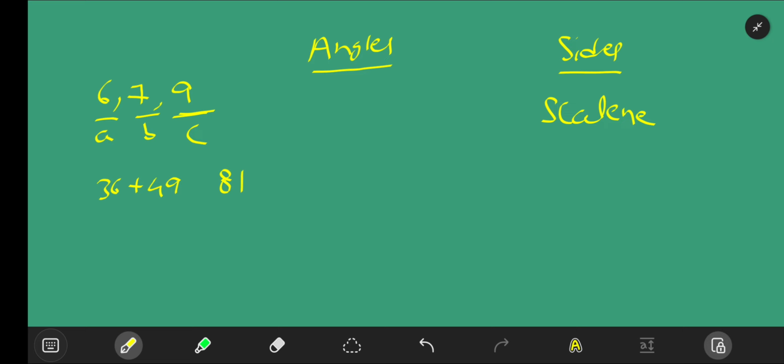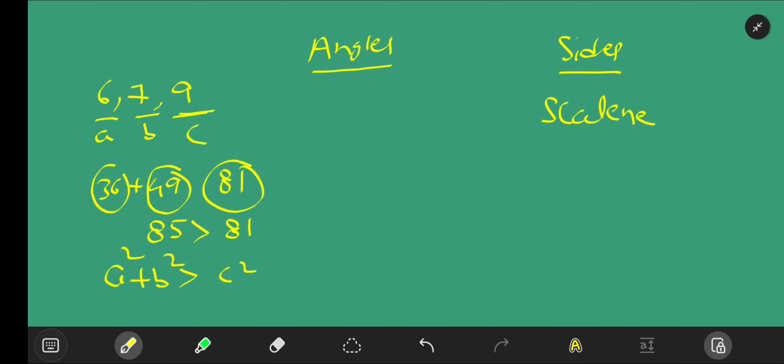The sum of these is 85. 85 and 81, which is bigger? 85 is bigger. So A square plus B square is greater than C square. This is just 9 square, 7 square, 6 square.